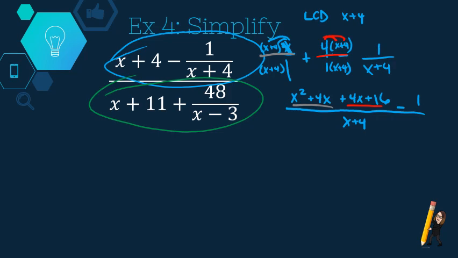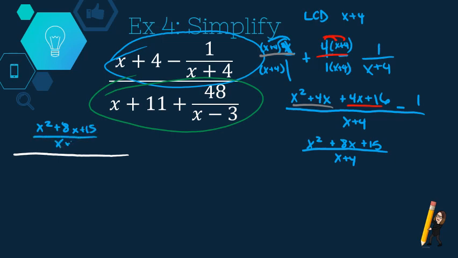In the numerator, I need to simplify and combine like terms, and I end up with this pretty nice trinomial quadratic. Okay, if I rewrite this big fraction, I currently have my new numerator of x squared plus 8x plus 15 all over x plus 4.